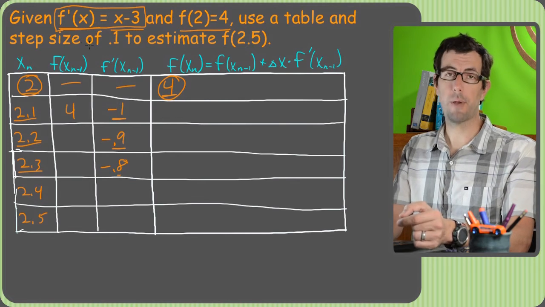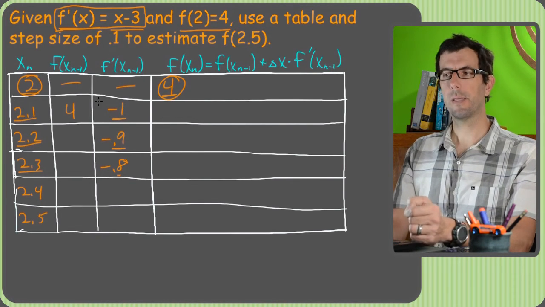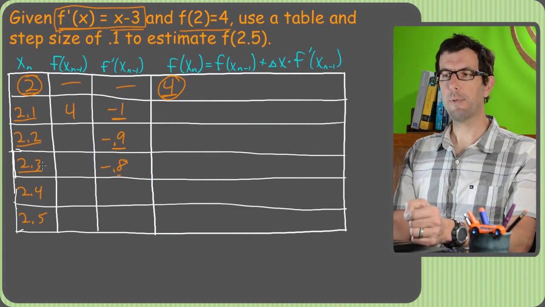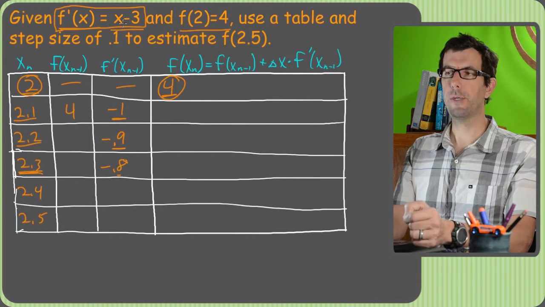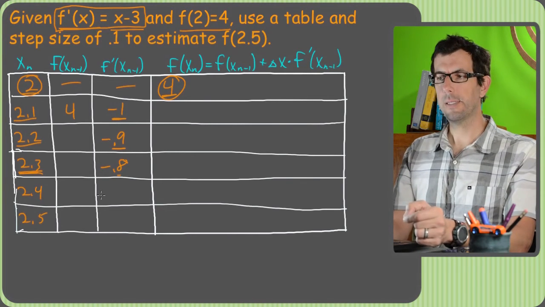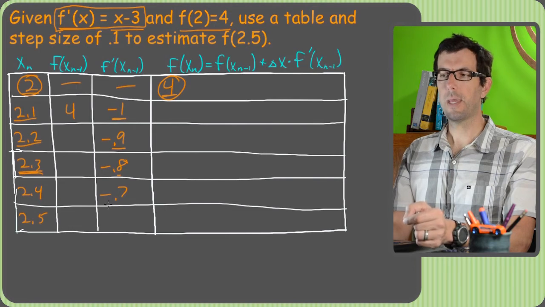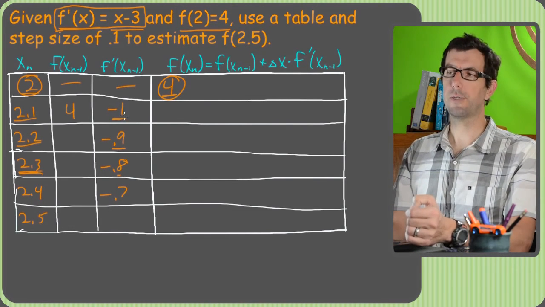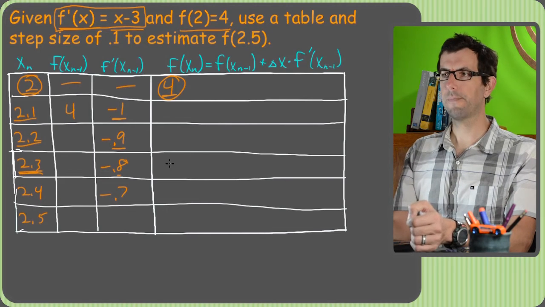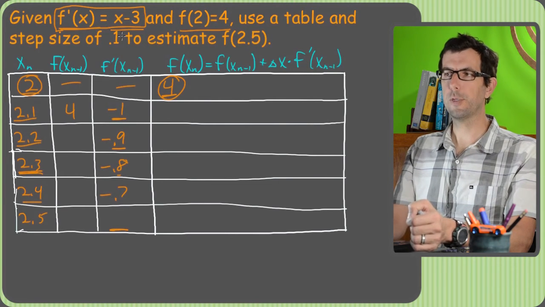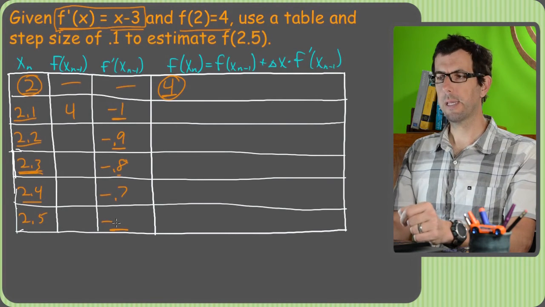They always give you f prime or dy dx or whatever, because otherwise you can't solve it. What happens when I plug 2.3 into that equation? 2.3 minus 3 is negative 0.7. I'm doing this because I like to calculate everything I can ahead of time, because that eases the flow of plug and chug. And then on 2.5, to get this f prime, we have to plug in 2.4. So 2.4 minus 3 is negative 0.6.